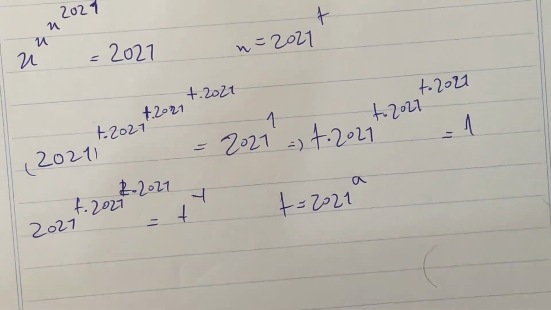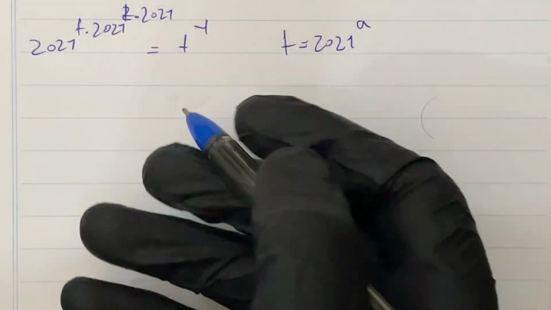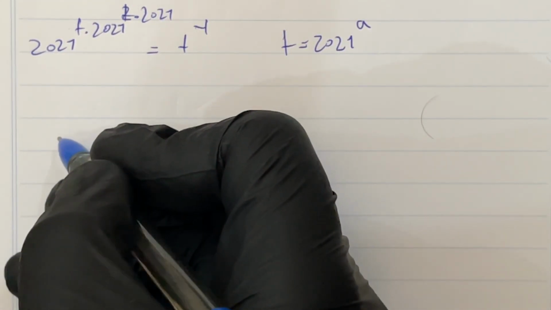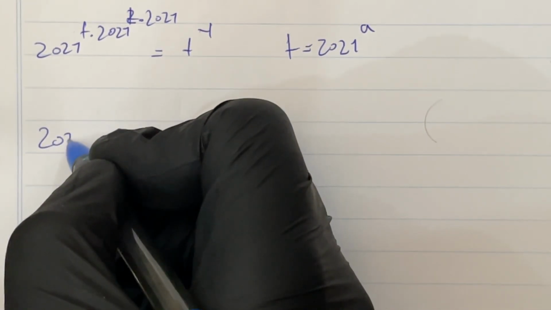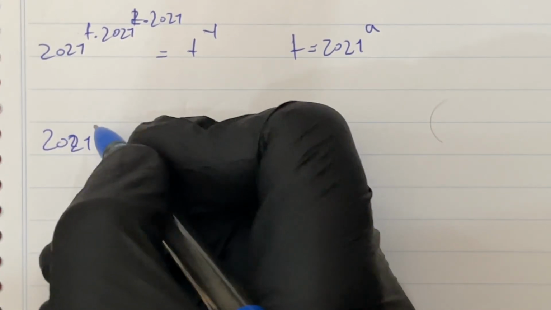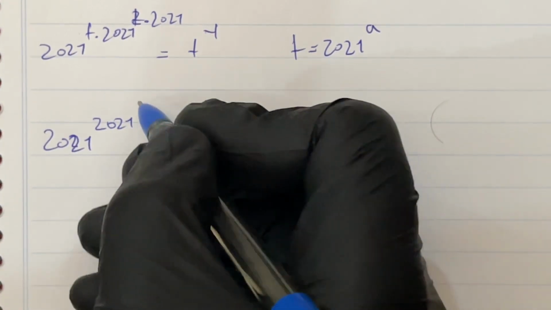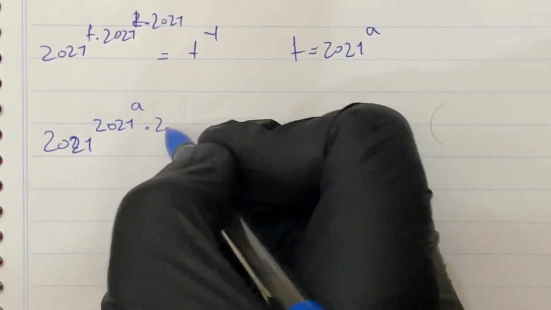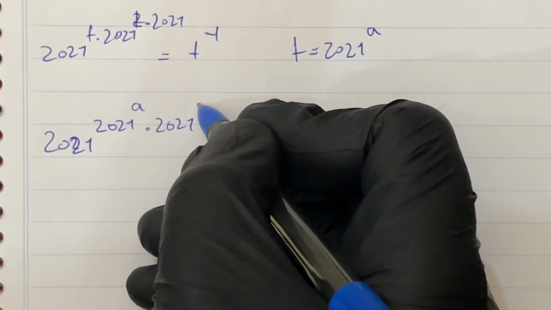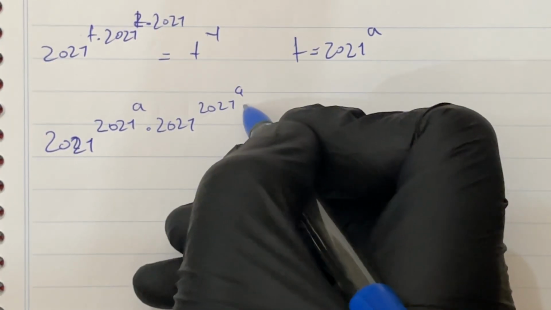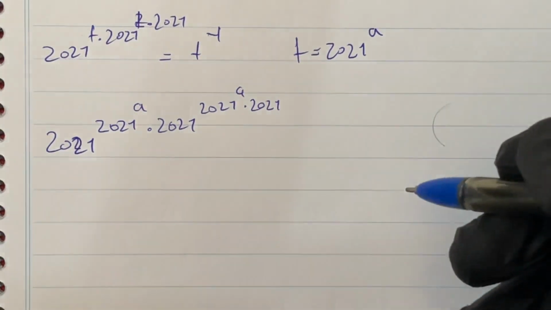So our final equation would be 2021 to the power of 2021 to the power of a times 2021. And that is our final problem.